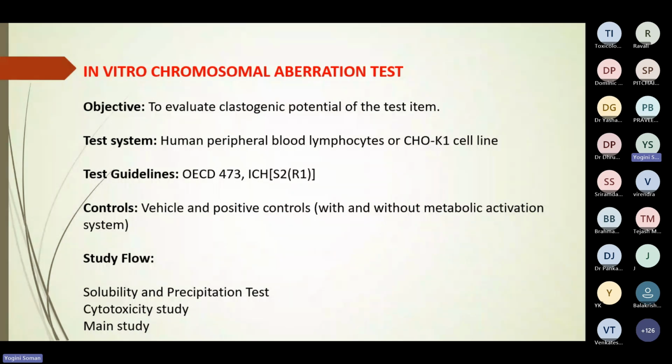For the precipitation test, you should add the test concentrations in plain RPMI medium, because FBS may interfere with the test item and give false results. If there is heavy precipitation, you should reject that concentration and go for lower test concentrations. Slight precipitation or no precipitation doses are acceptable for the cytotoxicity assessment.